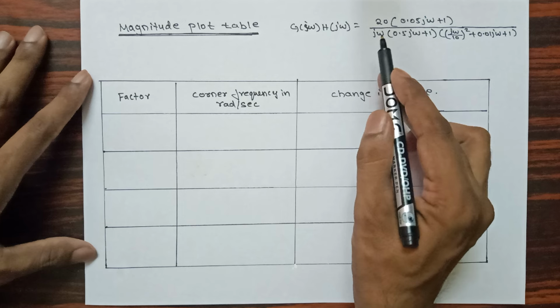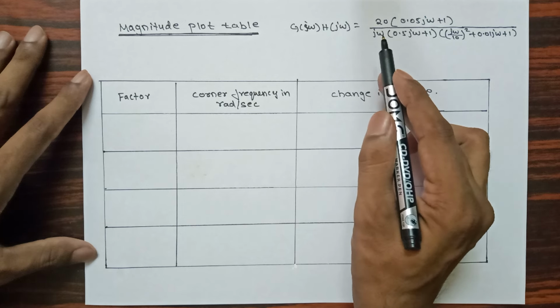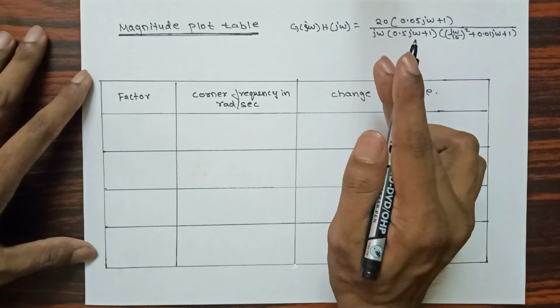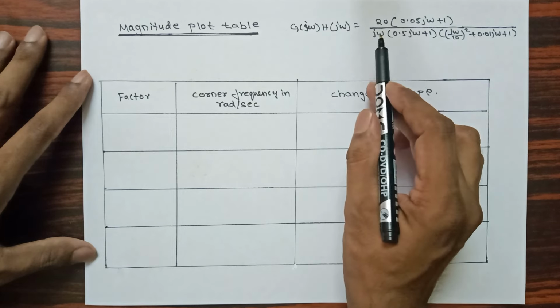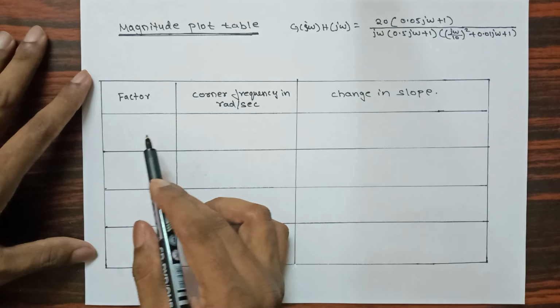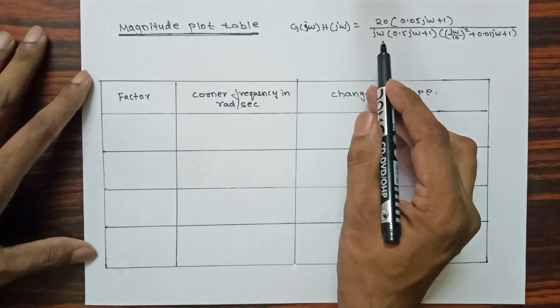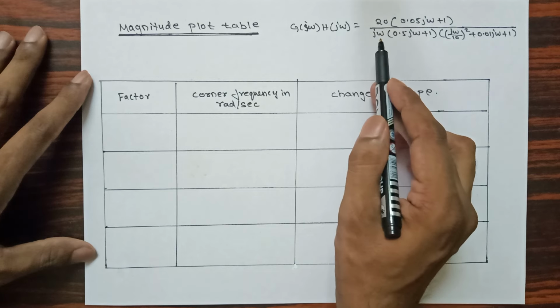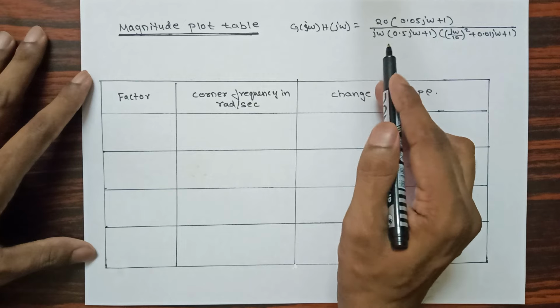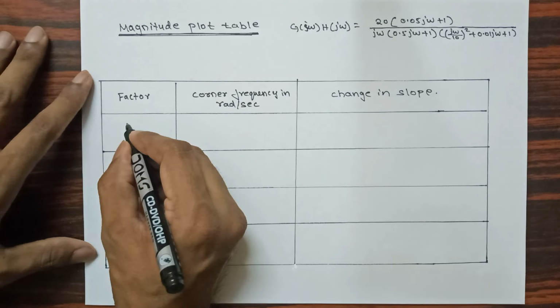Always remember, along with the gain, if any poles are at the origin, then that we consider as the first term. If no poles are at the origin, then only the gain will be considered as the first factor. Now in this open loop transfer function we have one pole at the origin along with the gain, 20 by j omega, so I consider that as the first factor.